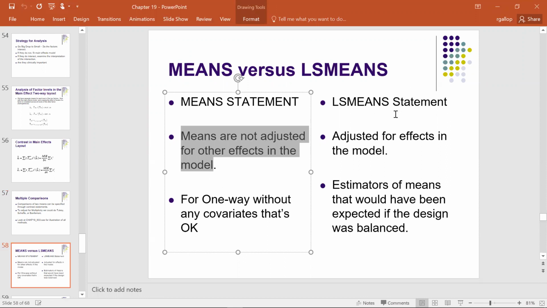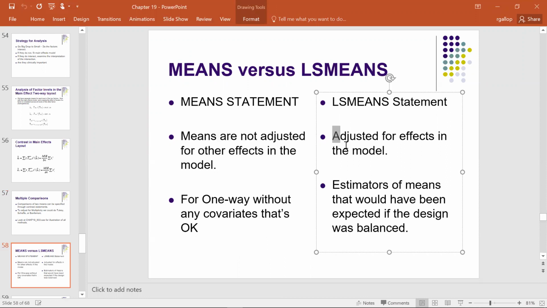But the LSMEANS statements are adjusted for effects in the model, and the biggest effects we want to worry about later on are what we call covariates, the things we want to adjust for.